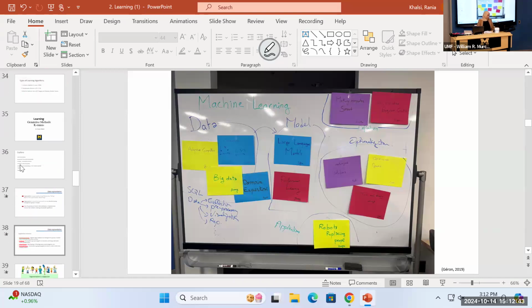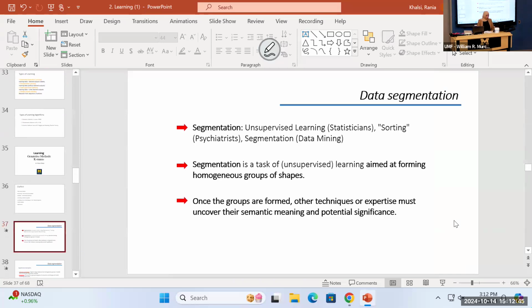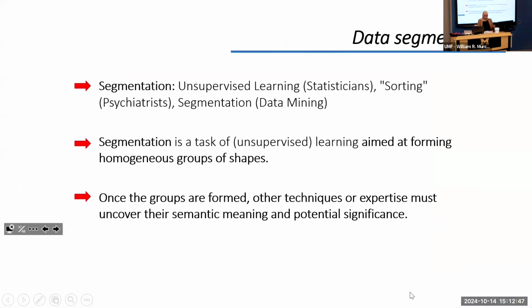Once we talk about potential significance, it means it's not enough that someone comes and I say man or woman. Based on that, there is something to do. If, for example, it's a man, and it's a marketing context, I'm going to show him a set of winter coats designed for men.